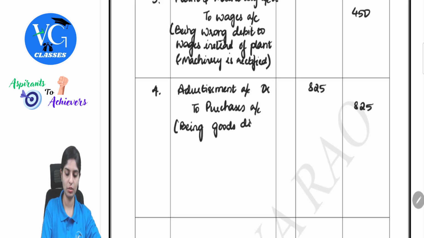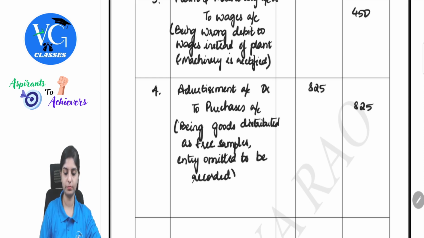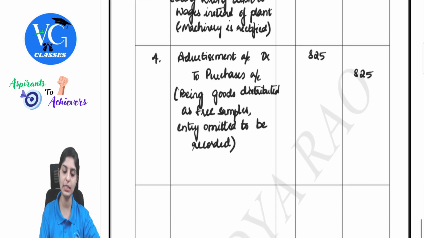Being goods distributed as free samples, entry omitted to be recorded. Okay, 825. So for this, we will also show this in the financial statements.